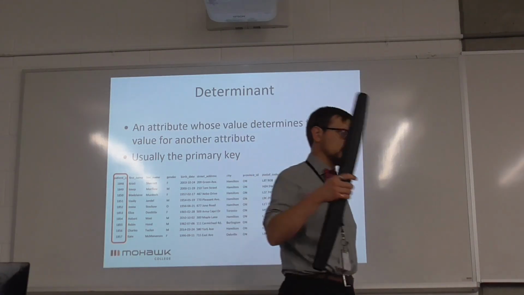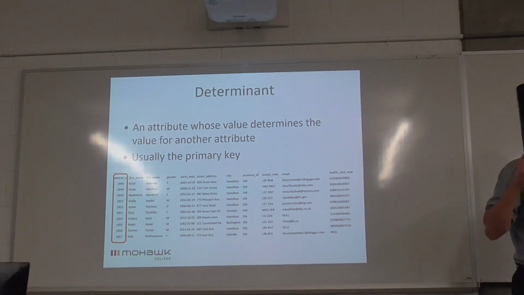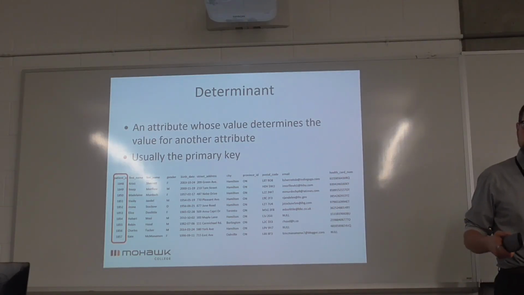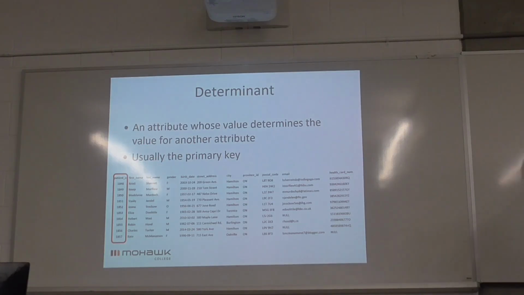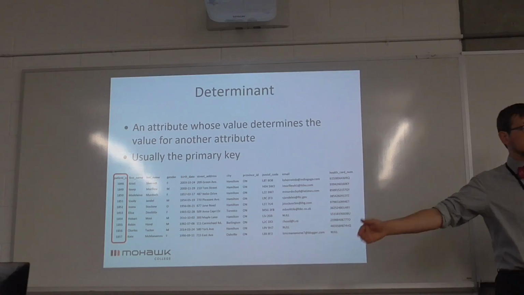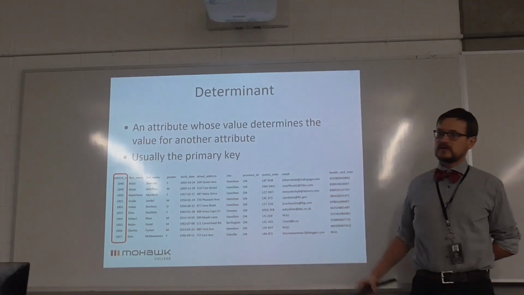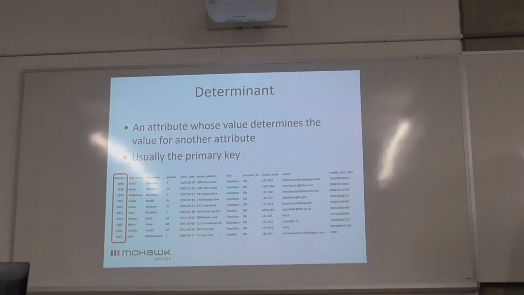That could be useful. Perimeter is not new data, right? It's not unique data. It's data that's calculated from other data. The things it's calculated from, in this case width and height, are determinants. Does that make sense? So far so good?